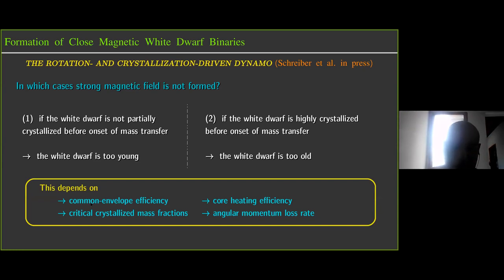The main parameters are the common envelope efficiency and the limit of crystallized mass we need. For example, do we need 1% of the core crystallized, or 10%, to allow this dynamo to efficiently work? So this is an uncertainty which will change the fraction of magnetic and non-magnetic CVs.